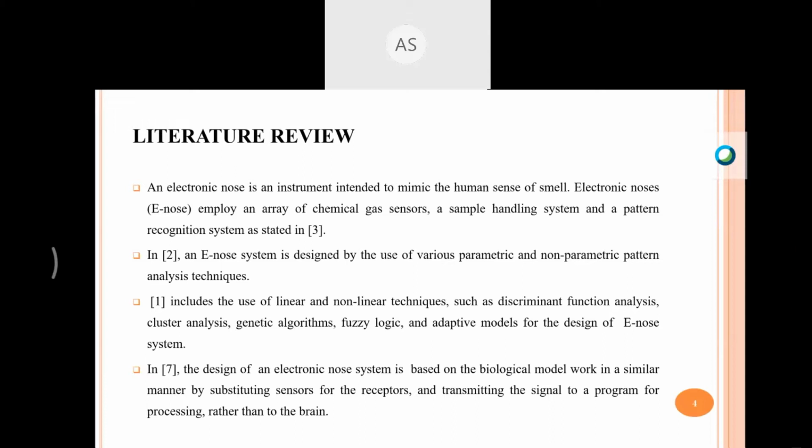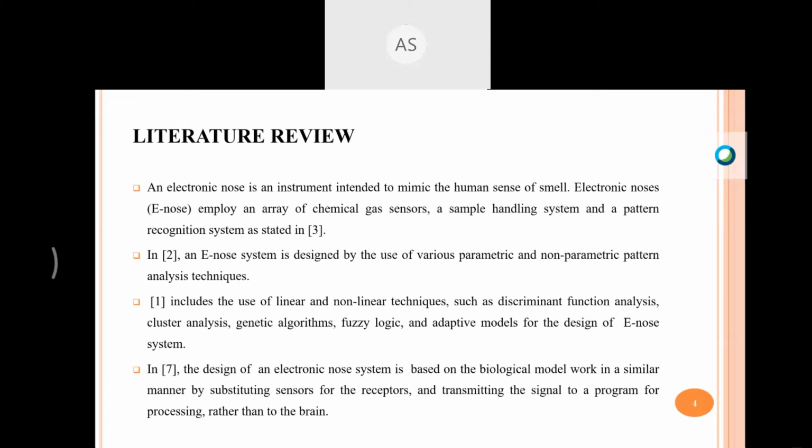As I've already told, electronic noses employ an array of chemical gas sensors, a sample handling system, and a pattern recognition system, as stated in 3. In 2, an e-nose system is designed by the use of various parametric and non-parametric pattern analysis techniques. In 1 includes the use of linear and non-linear techniques such as discriminant function analysis, cluster analysis, genetic algorithm, fuzzy logic, and adaptive models for the design of e-nose systems.